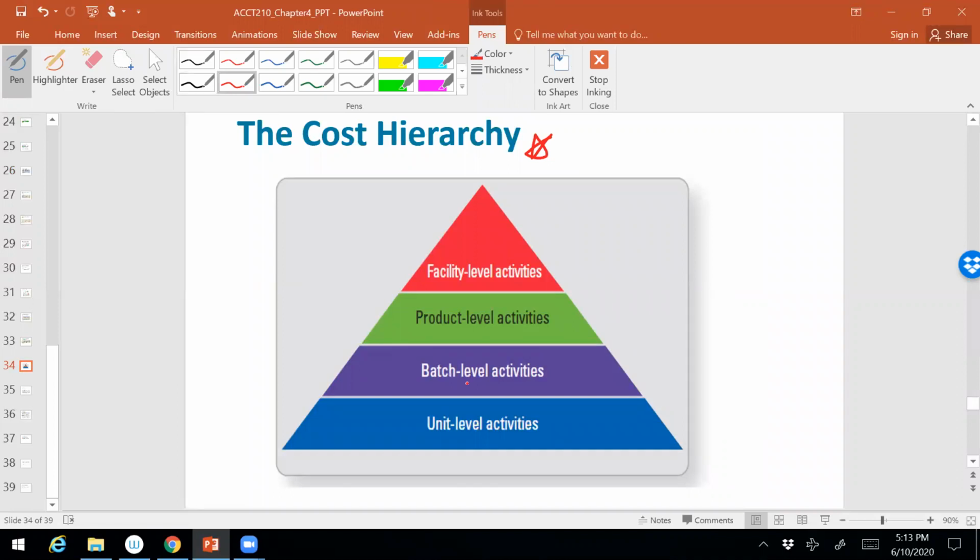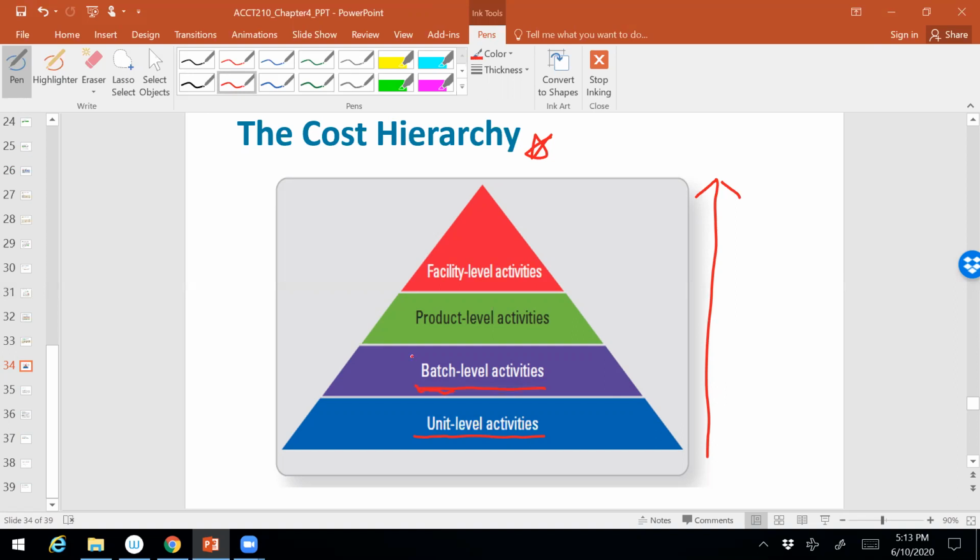We go from the bottom and then going to the top. There is logic there, so you don't say, oh, I don't understand. You will say, the first level is unit level activity. This activity is related with each unit. You will see detail in the next slide, so I keep it there. Next level, larger than unit, will be batch level.